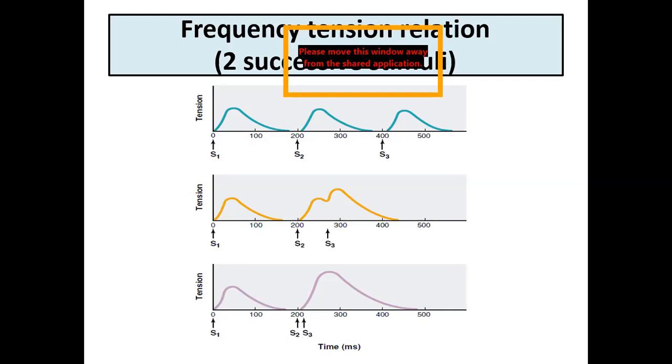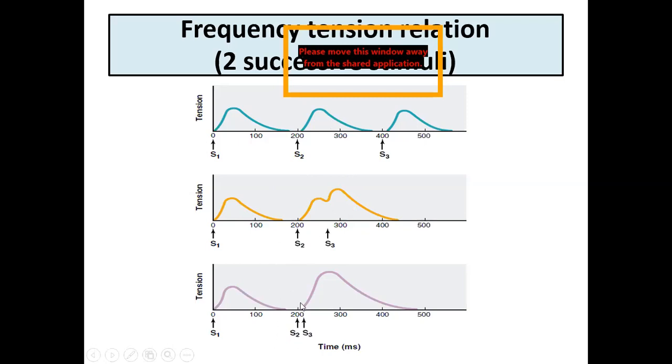Altogether there is an increase in the sarcoplasmic calcium concentration, and this will increase the number of cross bridges and the muscle tension. So that is why when you apply the successive stimulus once it is completely relaxed, you don't observe any increase in the force of contraction. But if you give it during the relaxation period, you observe an increase in the force of contraction. The muscle tension developed is going to be increased.